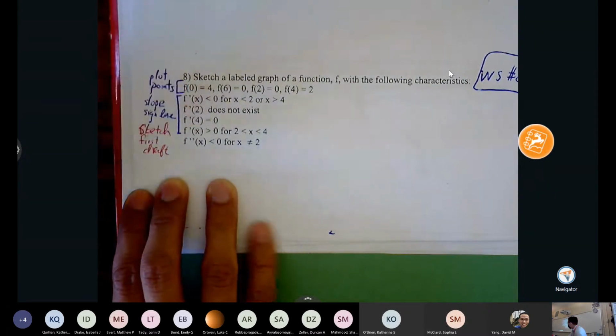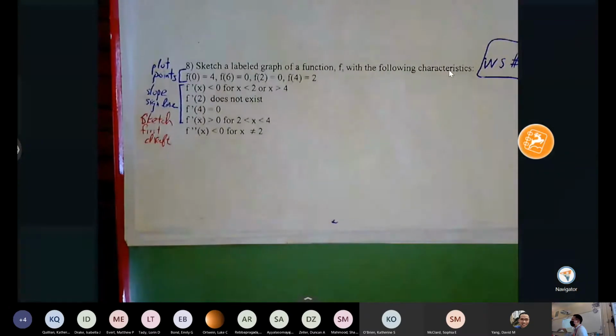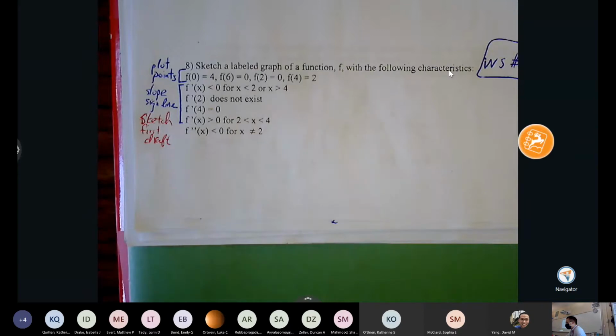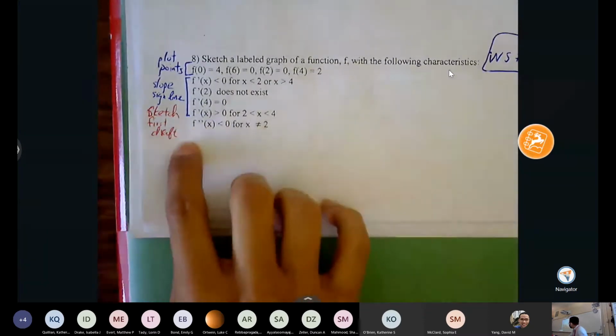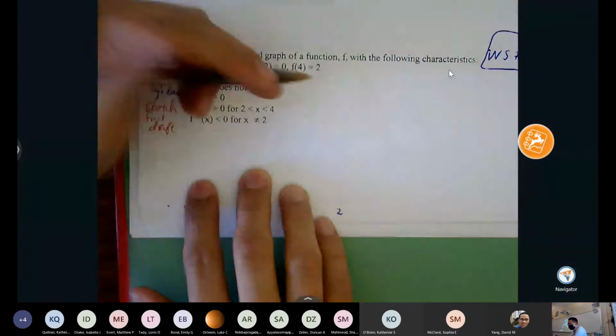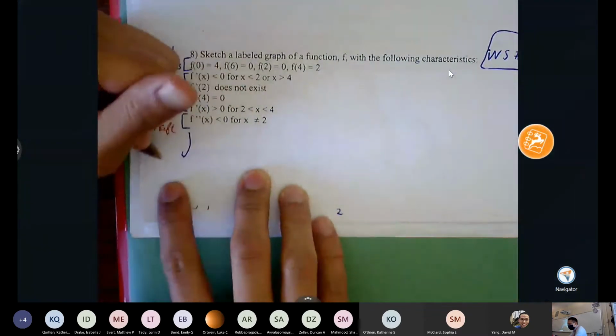And the first draft is just going to have your slope information. We're not going to worry about the curvature just yet. If you have a first draft, then you can build off it and figure out the curvature. So after we sketch our first draft, then we can look at our second derivative sign line.